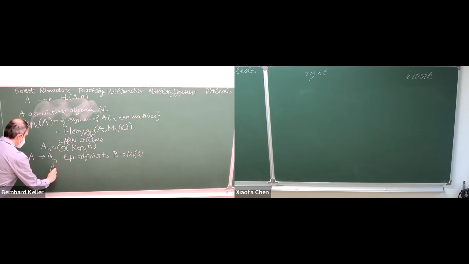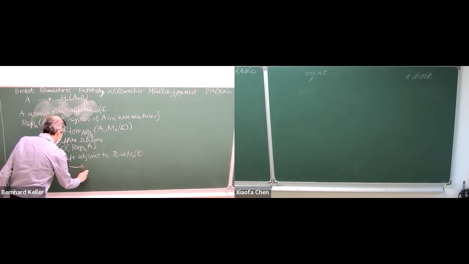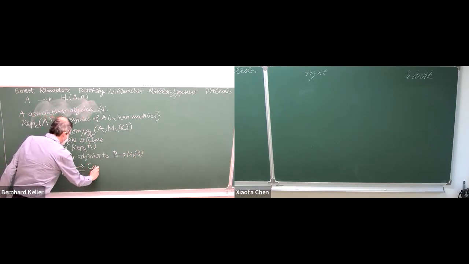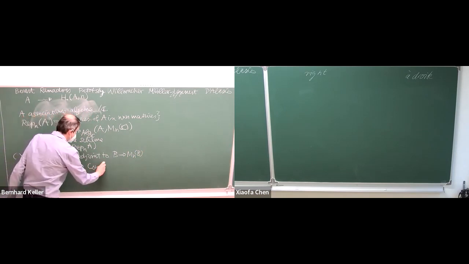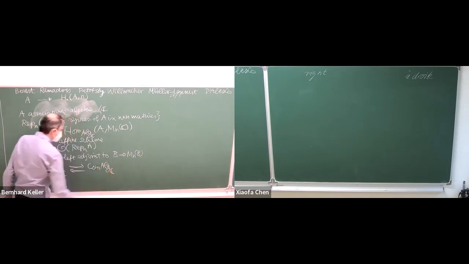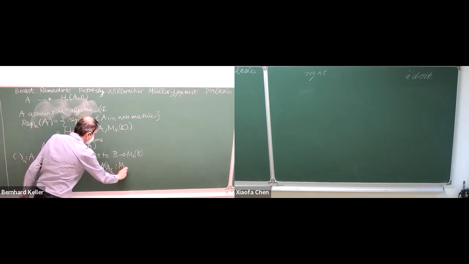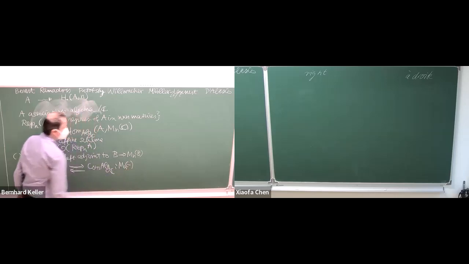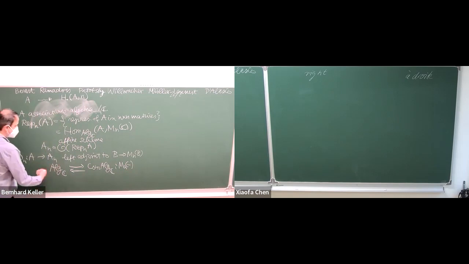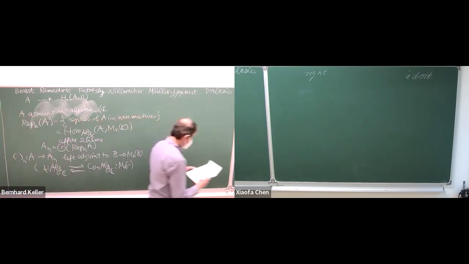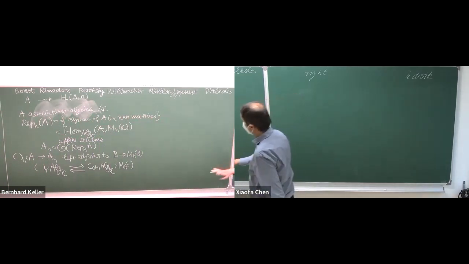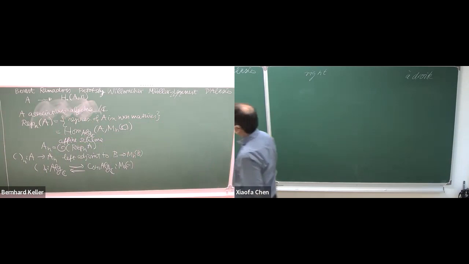It means that you have to consider algebras over C, associative algebras, and you have commutative algebras. So out of a commutative algebra, you can construct an associative algebra by taking n by n matrices with coefficients in the commutative algebra. And then there is a unique left adjoint, and this defines A_n. But then we will see what it is in examples. And right, so this is a kind of definition by universal property, and then you have to show that it exists.